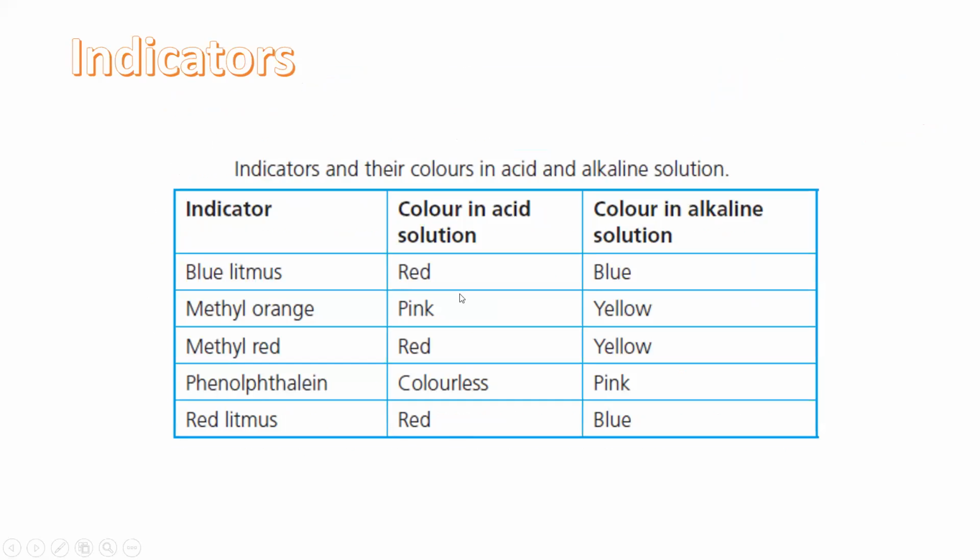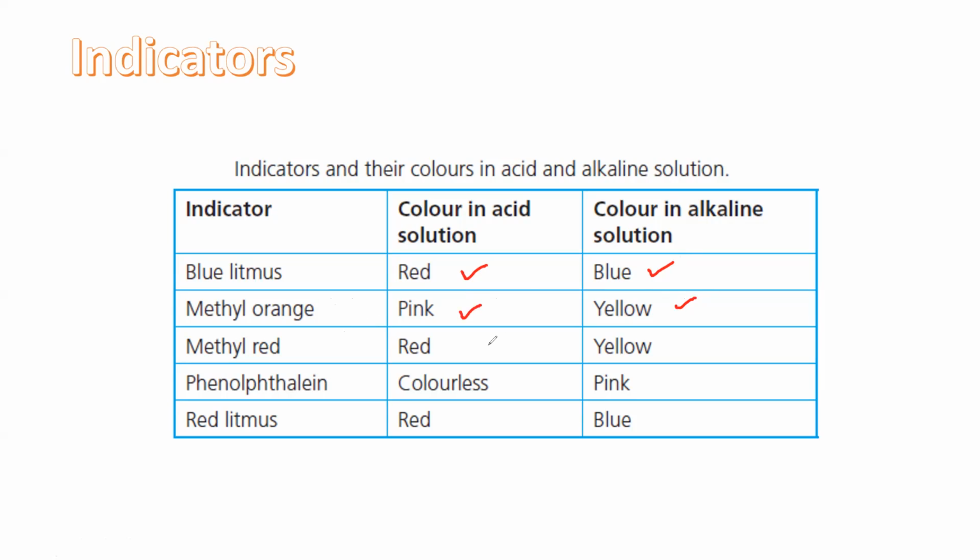Then what are indicators? Indicators are normally solutions which are used to identify the nature of a substance. You have to memorize this table. Blue litmus is red in acidic solution, but blue in alkaline solution. Methyl orange is pink in acidic and yellow in alkaline.